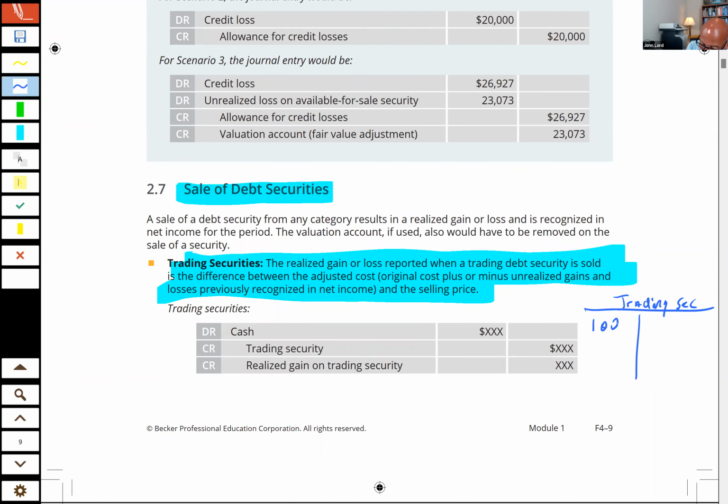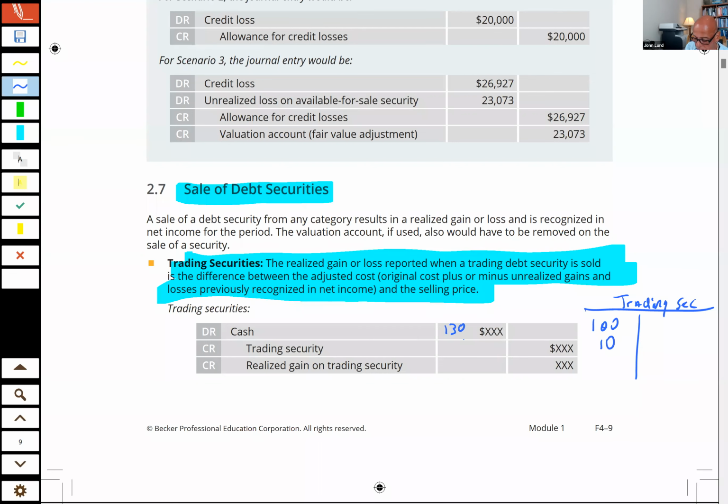Let's say that the security has had gains of 10 that you've taken. So you've debited the security, you've credited net income all those years for the 10, you've taken those into income, and then you sell the security for 130. Let's do that.